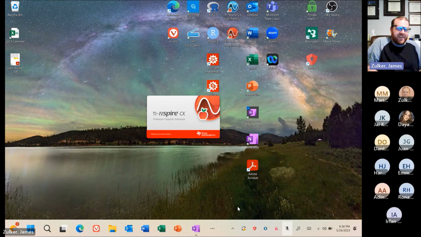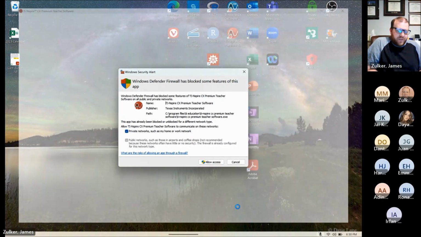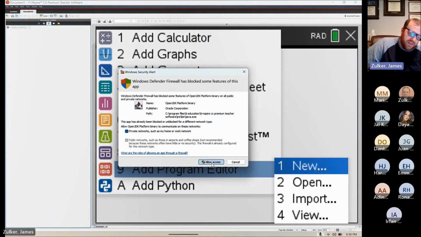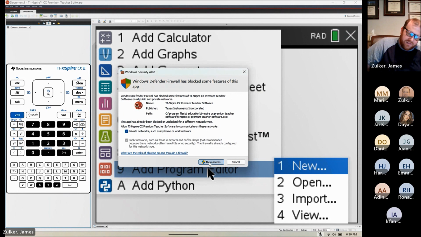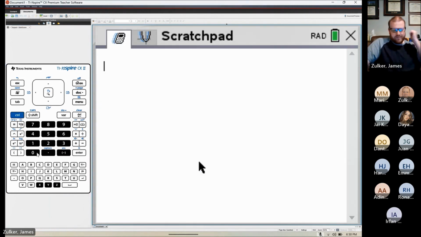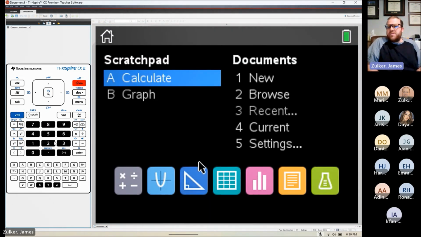So what I'm going to do is show you a nice feature. If you're using the TI Inspire, when you first turn it on, you should come to this screen here.